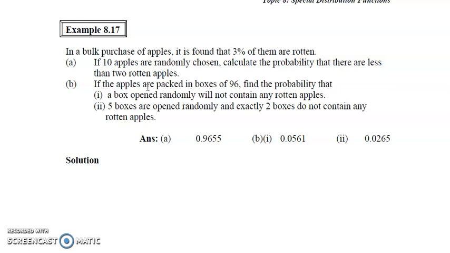As for question B, since we are having a process of 96, it will be a large N, and the P is 0.03. And as for B1, you need to find using the Poisson distribution as an approximation to the binomial distribution. You may refer to the previous example.